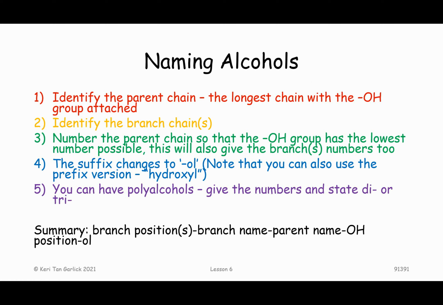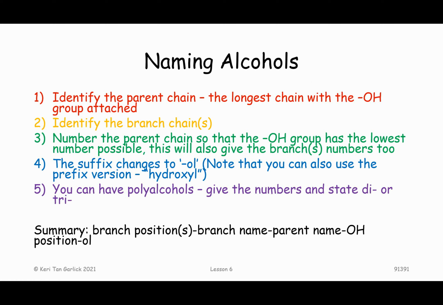You have 2 choices when it comes to alcohols and how you name them. You can either change the suffix to OL. You can also have a prefix version instead, and you then have hydroxy as the beginning word, like you would with the haloalkanes. Either or is correct.